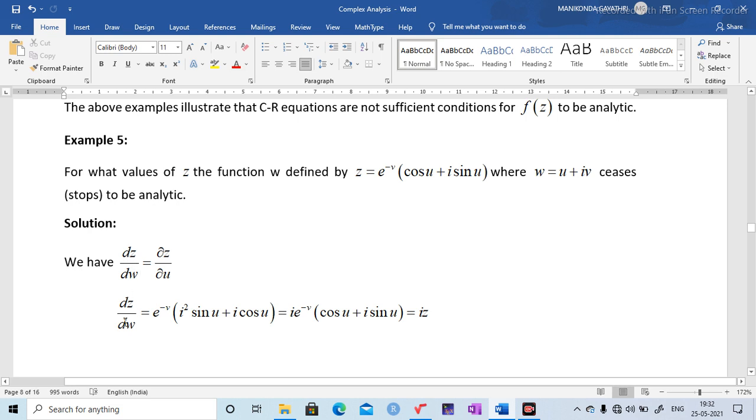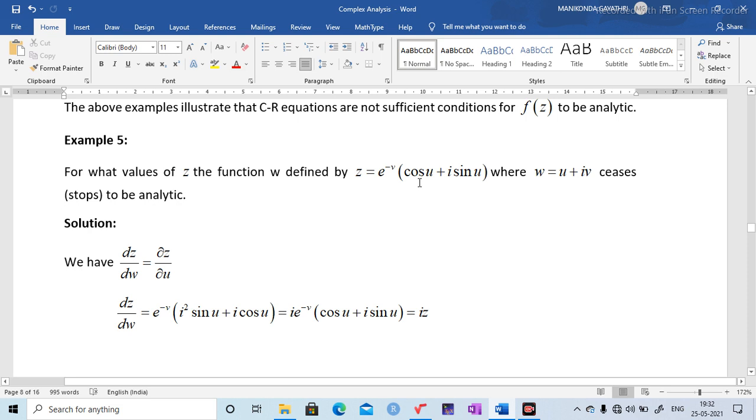So dz by dw equal to, now I am going to do partial differentiation of this term z with respect to u. Whenever I am doing partial differentiation, e power minus v stays outside because it is constant. Now I am doing cos u differentiation.